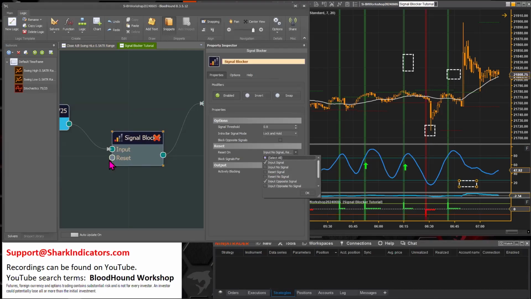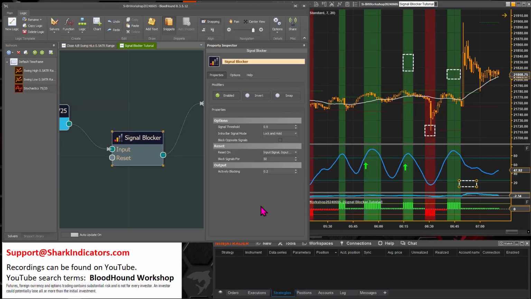So we have nothing going into the reset there. Effectively the input signal here is nullifying the signal blocker.